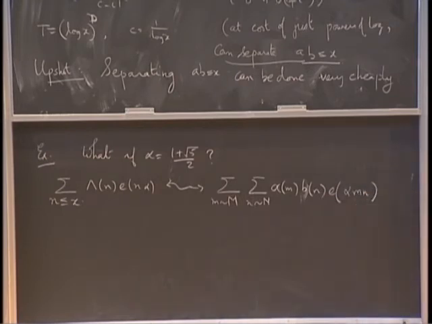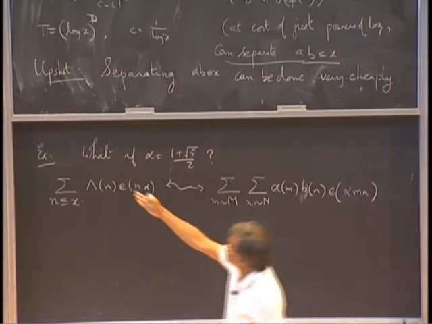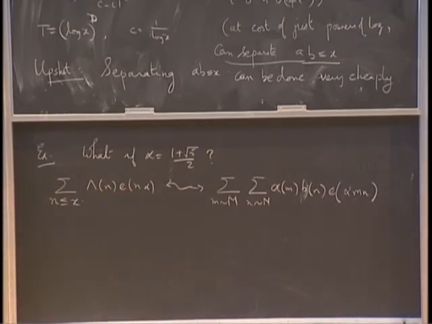So basically, you can use the same identity that we had in our proof of Bombieri-Vinogradov, and I'm just looking at the type 2 sums. You'll have to do something similar for the type 1 sums that arise here.